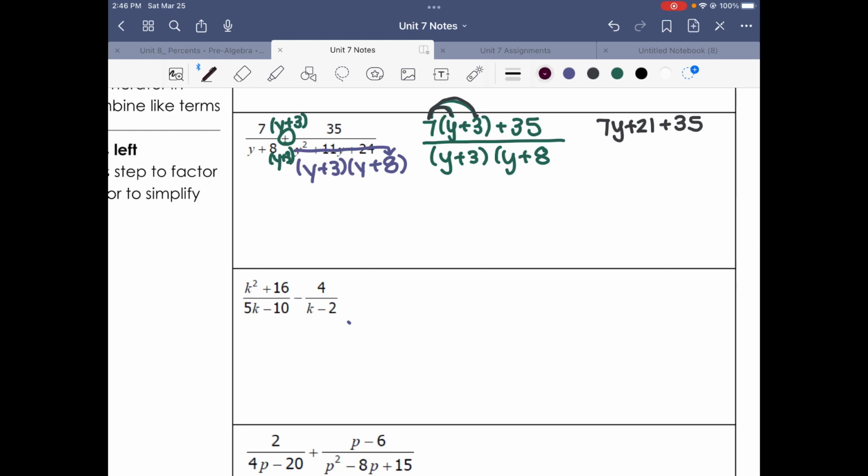Then I'm going to go ahead and actually add the 21 and 35 together, which is 56. And to fully simplify the numerator, I'm going to see if there's a greatest common factor between 7 and 56. That is 7 itself, which leaves me with y plus 8. 56 divided by 7 is 8. Then I'm going to replace that on the top of my fraction.